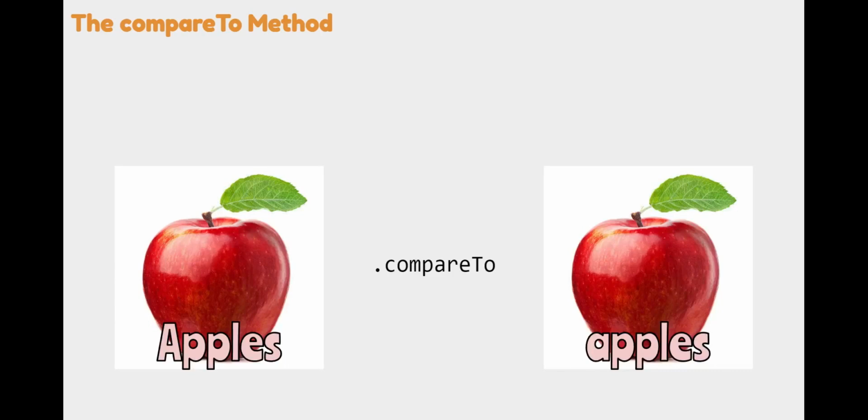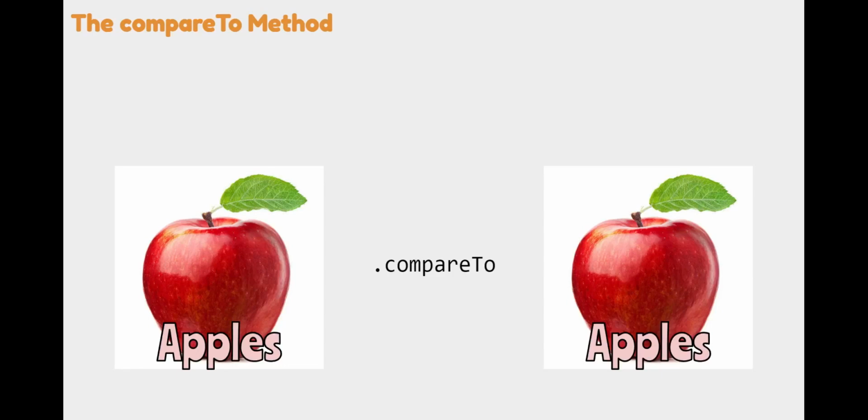Now, if we compared apples to apples, capital A apples to lowercase a apples, capital A comes first. Now, it's not just 26 characters away, which is how many letters are in the alphabet. It's actually 32 characters away. If we looked at our ASCII table, the lowercase letters do not immediately follow the capital letters.